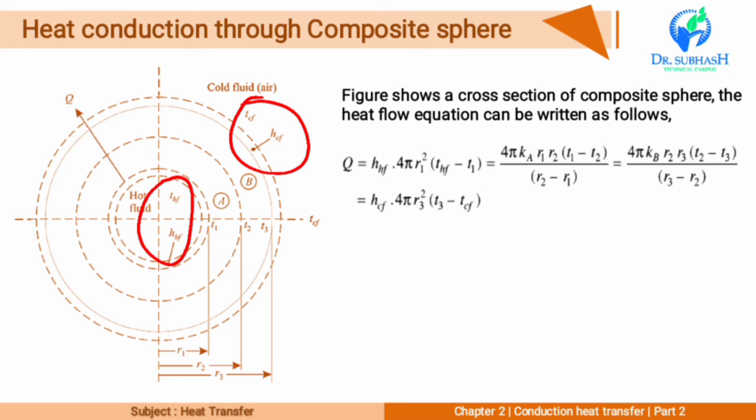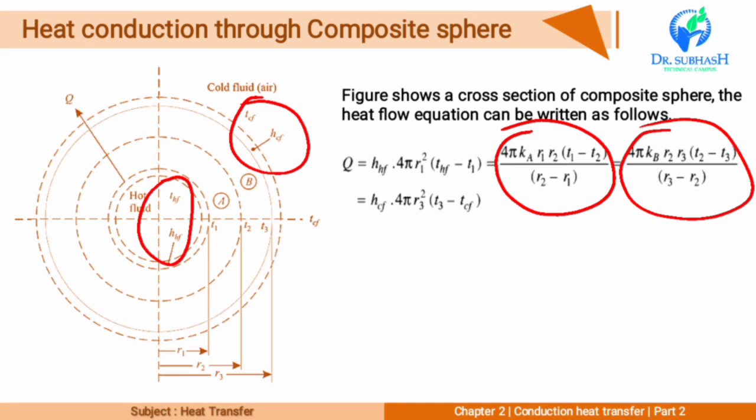Here, the heat conduction through this composite sphere can be written as Q is equal to, first, the heat transfer from hot fluid to first layer A, which can be written from Newton's cooling law as h_hf into area, that is 4 pi r1 square, into (T_hf minus T1), is equal to the heat transfer through the layer A from Fourier's heat conduction law, that is 4 pi Ka into R1 into R2 into (T1 minus T2) divided by (R2 minus R1), and the heat transfer from layer A to B, or we can say inside the layer B, is equal to 4 pi Kb into R2 into R3 into (T2 minus T3) divided by (R3 minus R2).